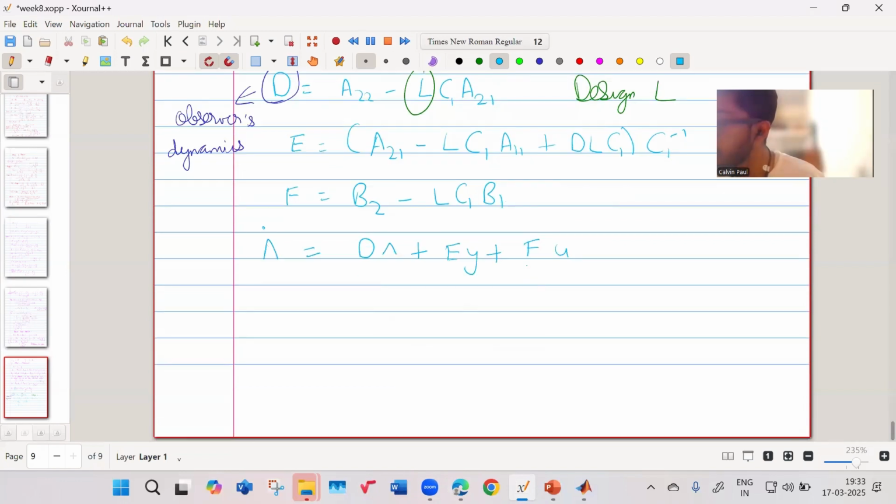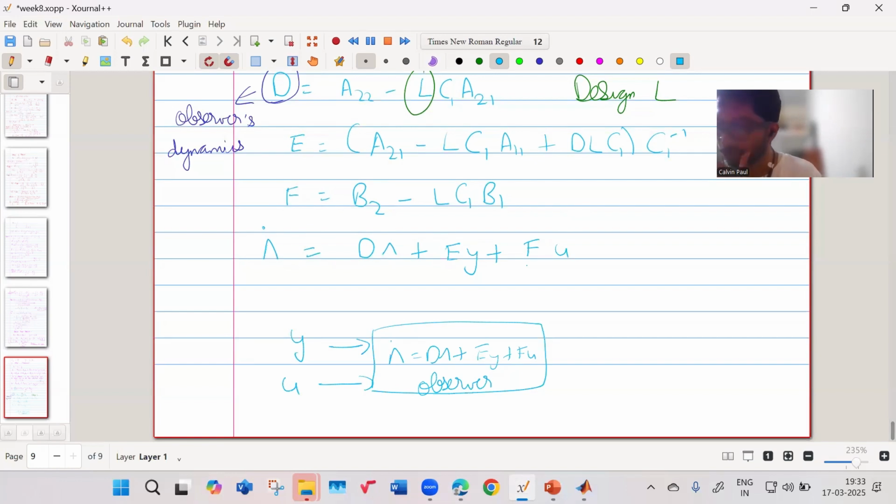So effectively, what is this? This is my observer. And what are the inputs to my system? The inputs are y and u. And then we have our kappa component.